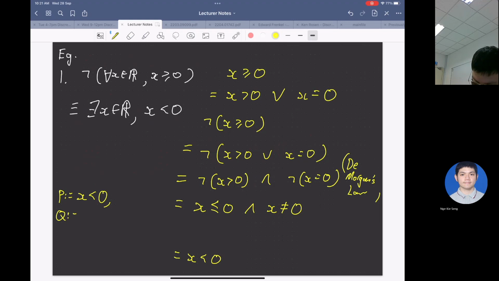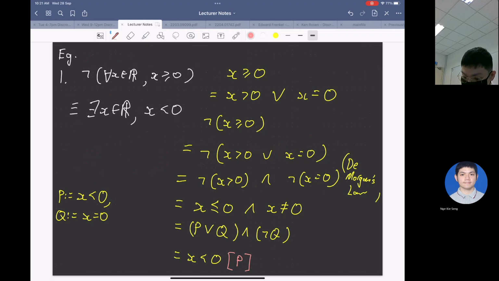So Q is x equal to, and then this is like P or Q and not Q, and then this is P. So what you are showing here is that P or Q and not Q is actually P. This is the general thing you can show.